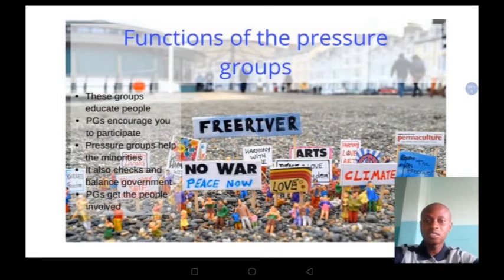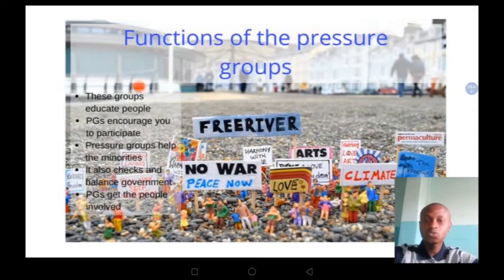Then they also encourage people to participate in decision making, in elections, in referendums and all this. They also help the minorities. The minorities are usually small in population, so many times the government cannot hear their voice. So they will help the minority groups to air their views and interests to the hearing of the government, so the government can attend to their needs.